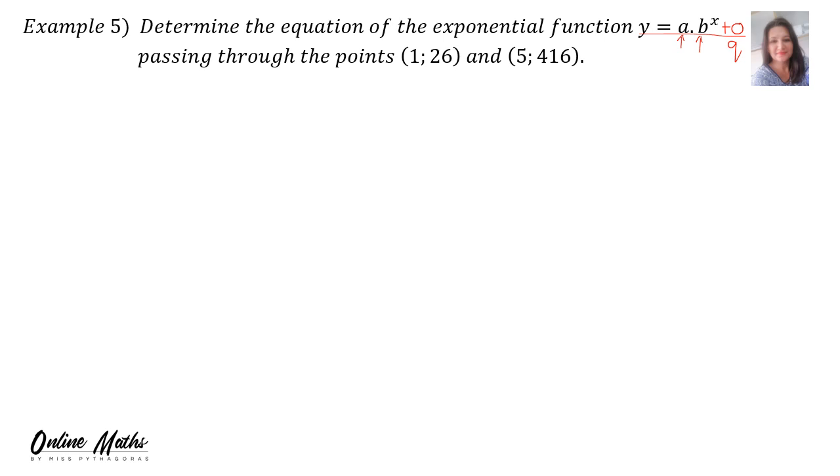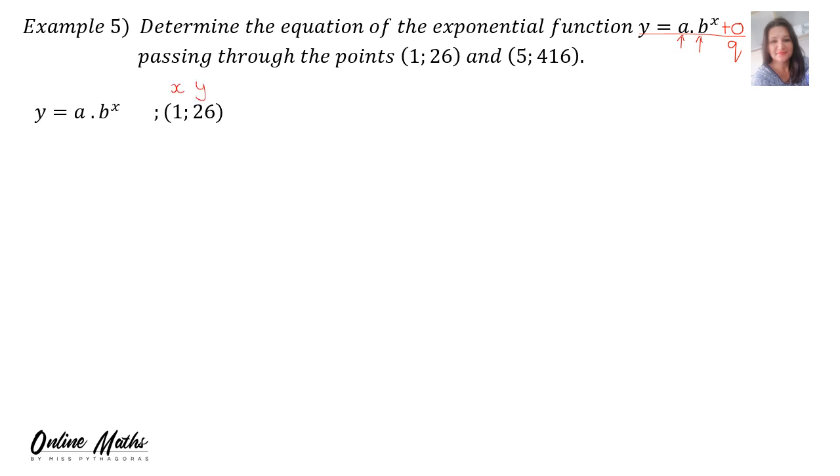Now let's have a look here. We will start with that little equation, y is a times b to the x, and we will generate our first equation. So we will take the first point, which is the point (1, 26), consisting of an x and a y.